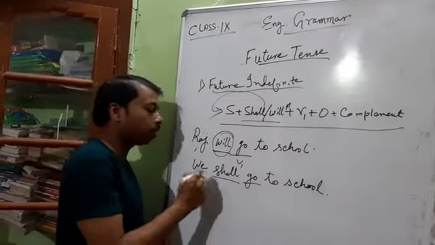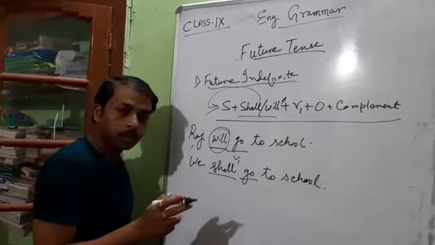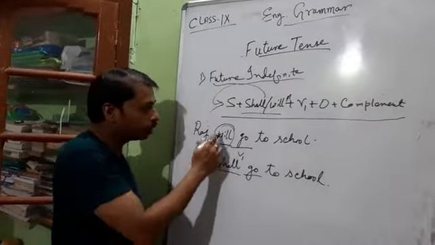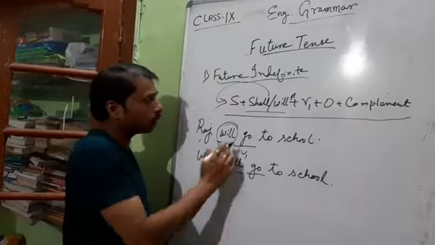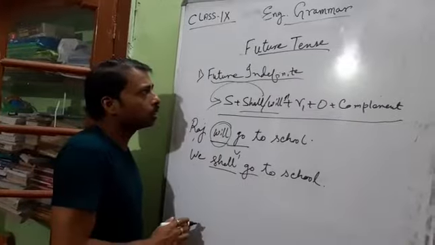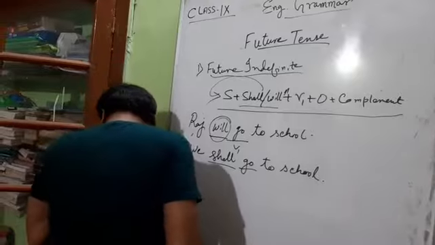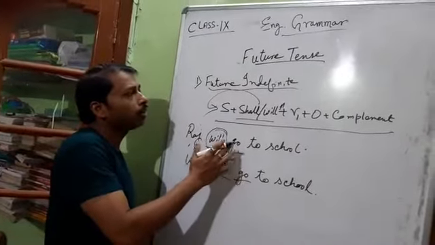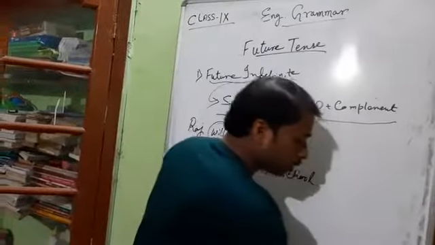In place of will it became shall. We shall. Now keep in mind that with first person we use shall, with rest all we use will. This is about future tense. So here we understand what is future indefinite tense. Now future indefinite tense can also be regarded as simple future tense.